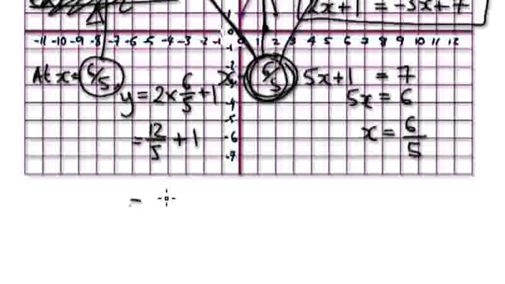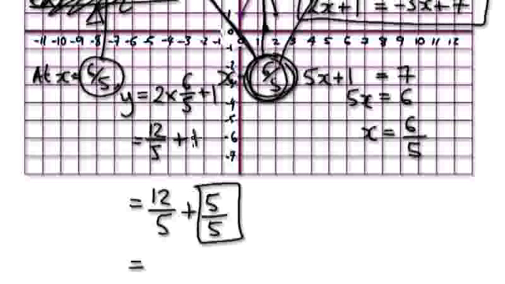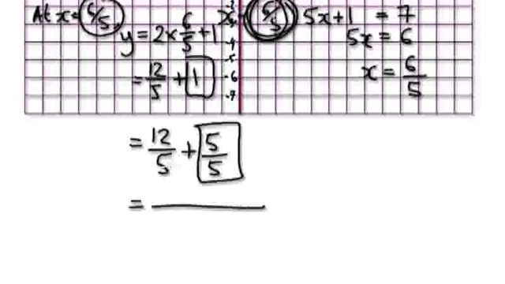Now turn the 1 into a fraction. I'm going to visualize the 1 as 5 over 5, because 5 divided by 5 is 1. It's exactly the same thing, just written differently. So now the two denominators are the same, and we can merge. So this will be 17 over 5.